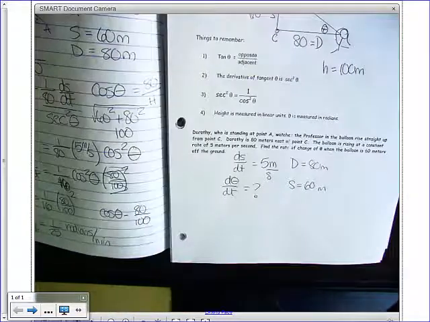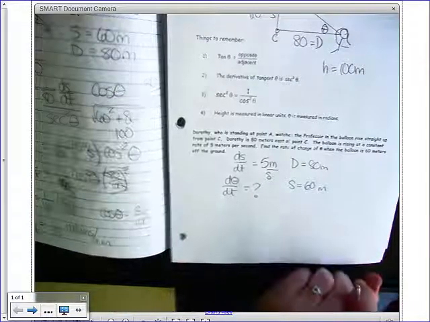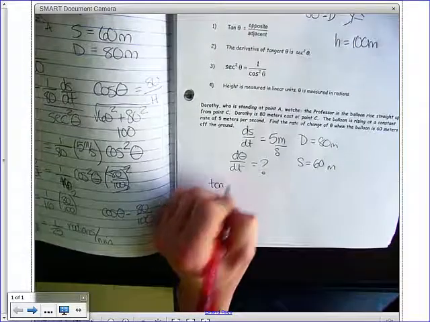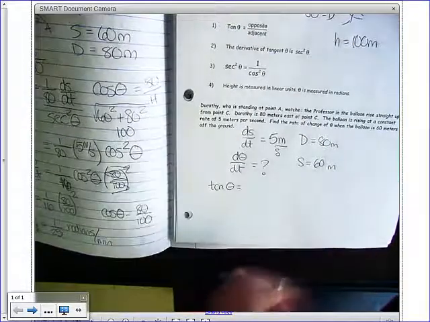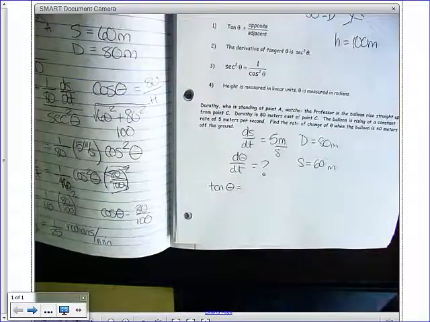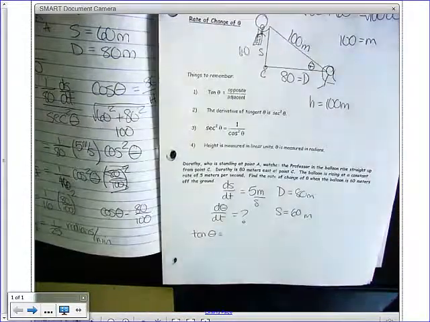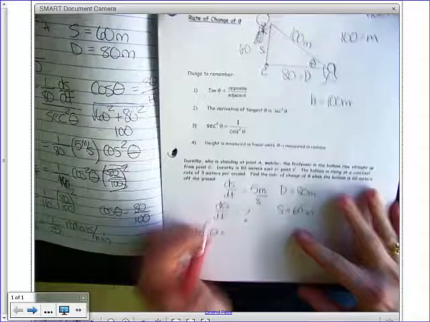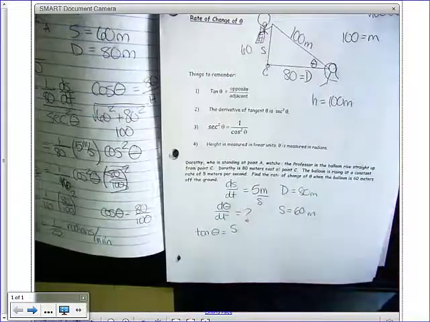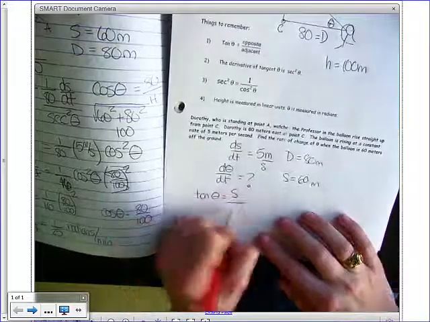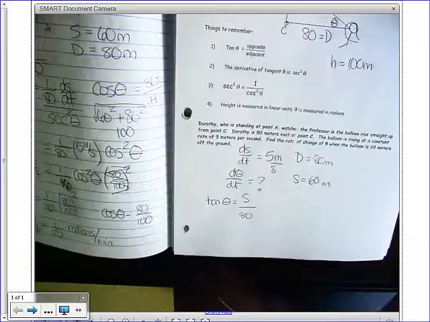Okay, so looking at this, we know tan theta equals the opposite over the adjacent, right? Well, in this case, my opposite, even though they told me for the scenario 60, we're going to use S because he's rising, so that can change because we need a formula, S over 80. Take the derivative.